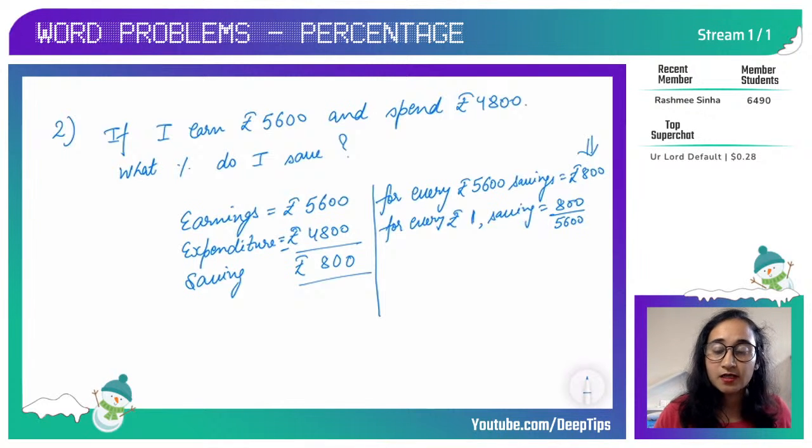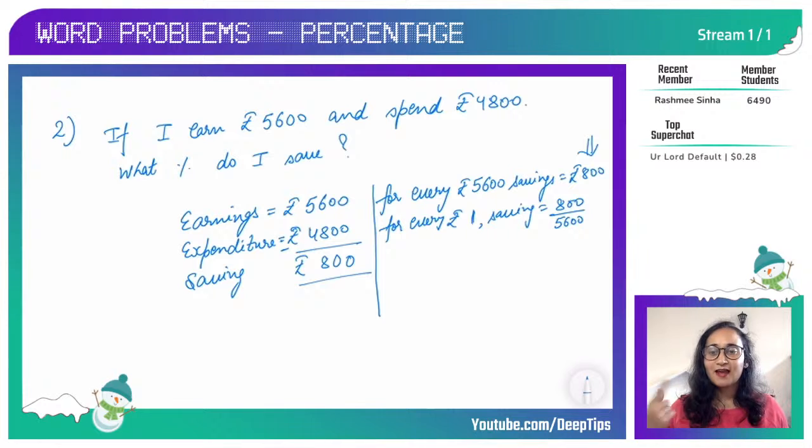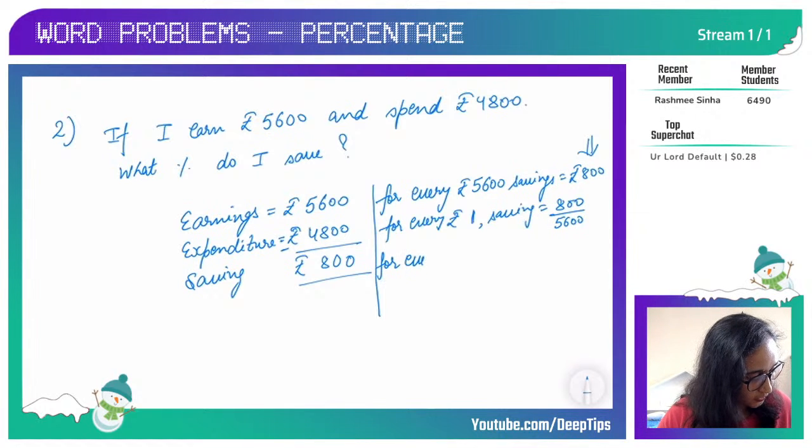If I know my savings for 1 rupee, I can calculate it for 100 rupees, because after knowing my 1 rupee saving, I can calculate the percentage, since percentage is for every 100. So now for every 100 rupees, my savings will be 800 upon 5600 into 100.